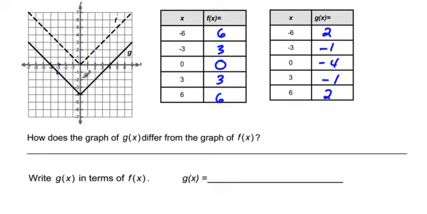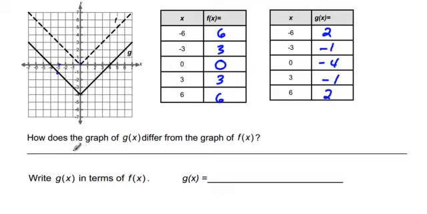One of the things you might want to notice on the graph is that g is shifted down 4 spots from f. If you look at the y values, g is 4 smaller than f. So 6 minus 4 is 2, 3 minus 4 is negative 1, 0 minus 4 is negative 4. So we can see how that shows up as a table.